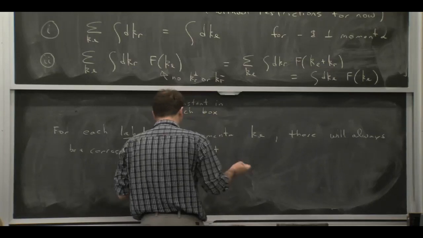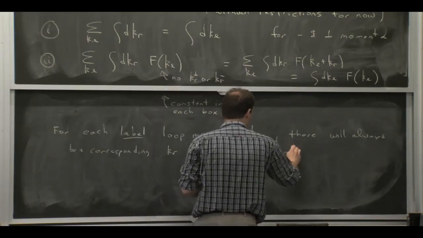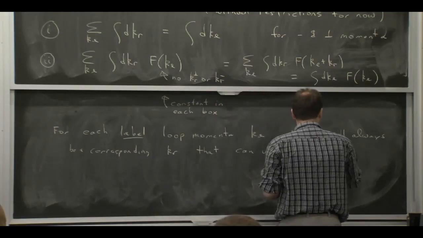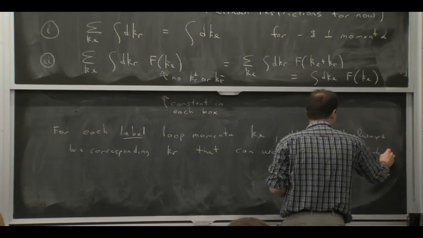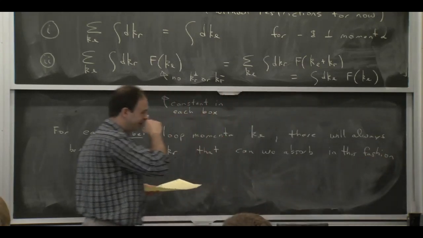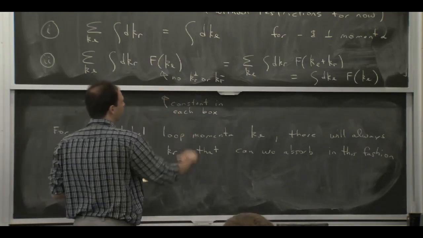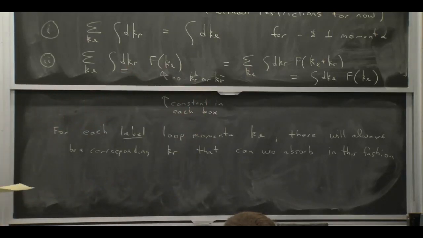And effectively, therefore, we can absorb it in order to do what we just said. So we can always go back from this discrete type notation back to a continuous notation. The discrete notation was just helping us to set up the expansion and be careful about it. But we can always go back to the continuous one because there's always a KR that has this property.